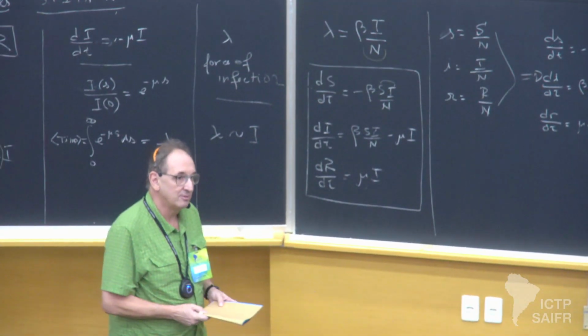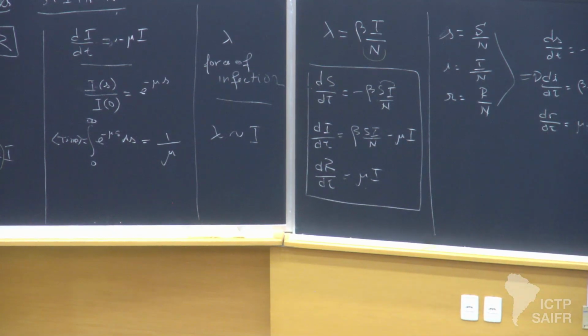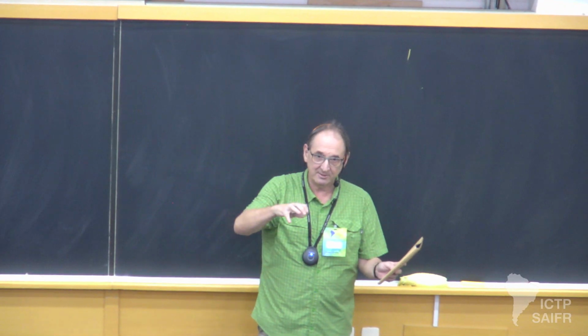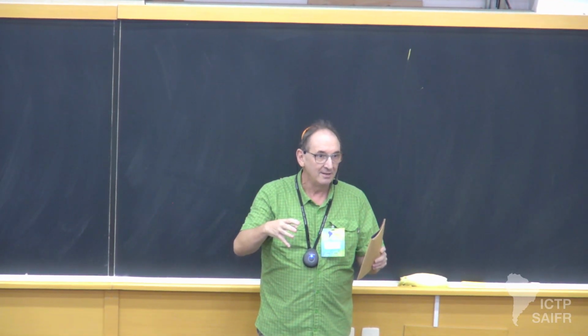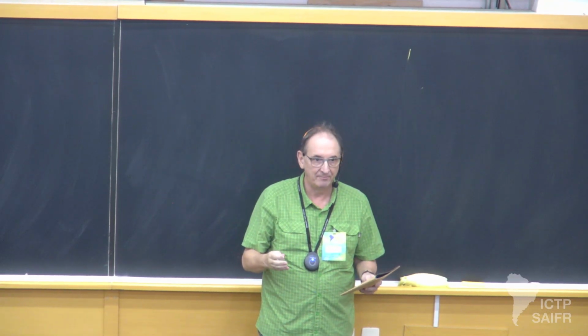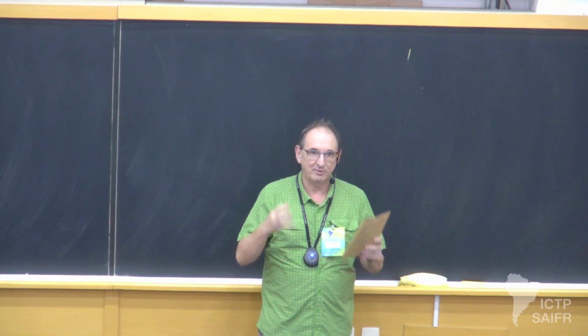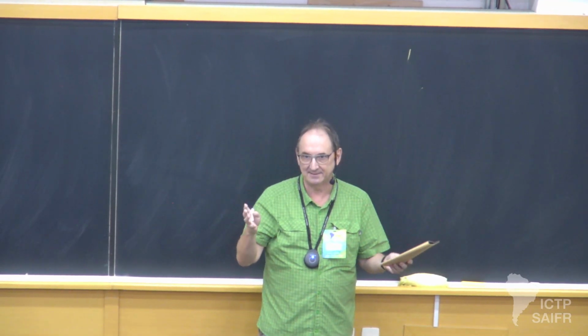we want to answer a question. Given a population which is entirely susceptible at the beginning, and if I introduce a small number of infectives, will there be an epidemic or not? And our definition of whether there will be an epidemic is a more mathematical thing: the number of infected will increase. Right?